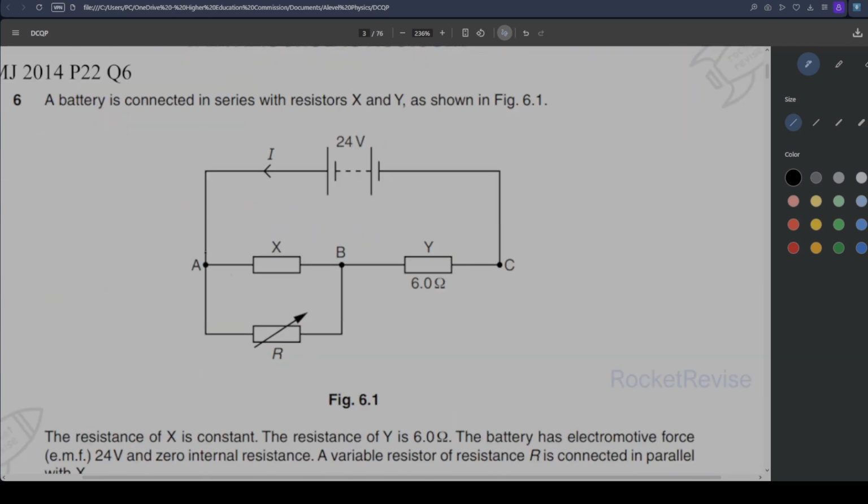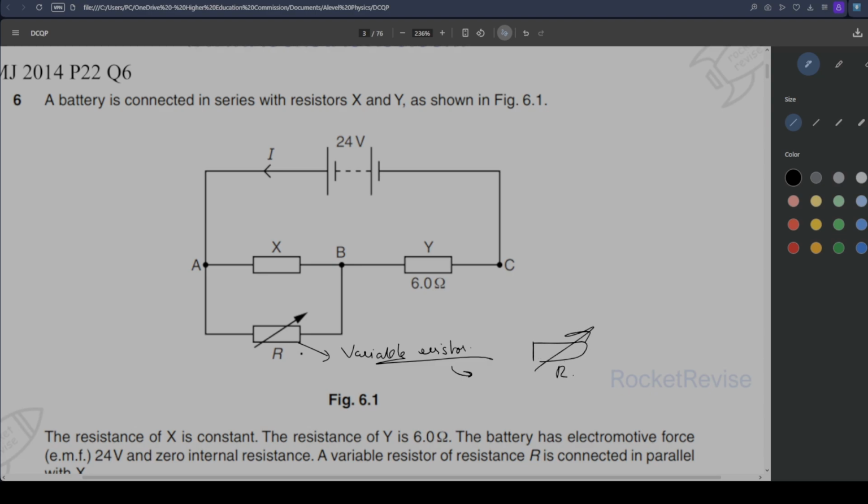Okay, after that we have another question. A battery is connected in series with resistors X and Y as shown in figure 6.1. We have two resistors, X and Y, and this resistor over here is called a variable resistor. We saw potentiometers as well, a symbol with an arrow in it, that's used for variable resistors.